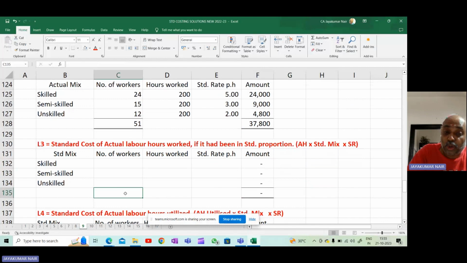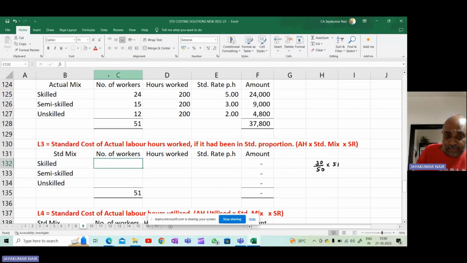Do you understand? So the input, the number of workers, is 51. So what is the standard mix? How do you find out? 30 out of 50 into 100 will give you the percentage, or you can straight away multiply this by 51.